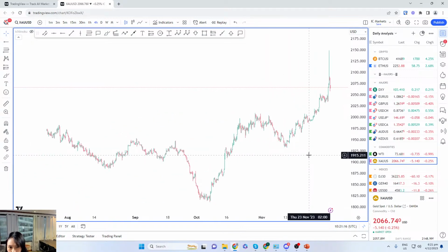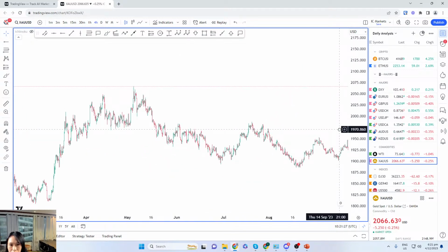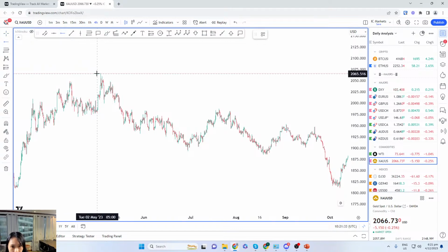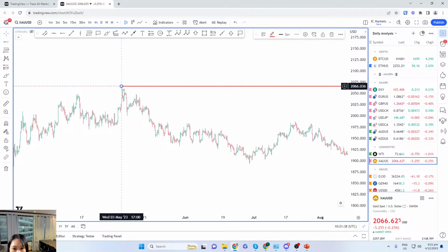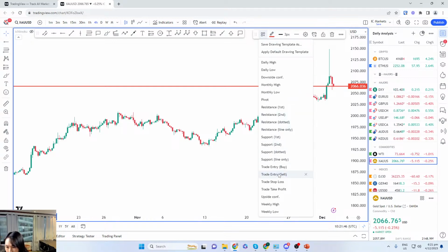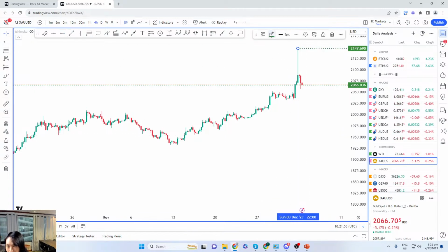So for gold, I can't seem to really find a resistance level except for here, which is at the current price. Let me zoom it in. Oh, it's higher, so this will be my immediate support level. So if I were to have a resistance level, I think it will be here.